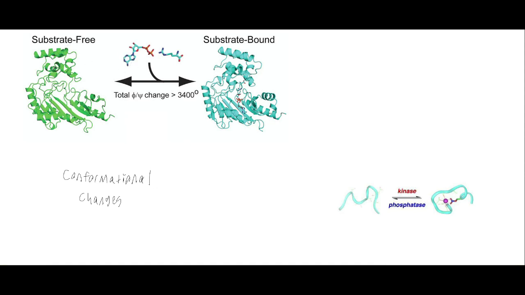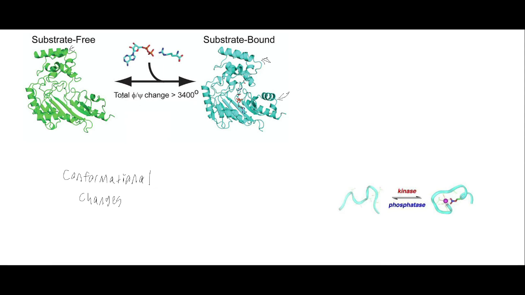This is our substrate or ligand-free protein here. Then you can see as we bind ligand that, for instance, this alpha helix is now facing down here, and this alpha helix here is now turned to face more inward. And so binding this ligand is causing changes in the structure or the conformation of this protein.